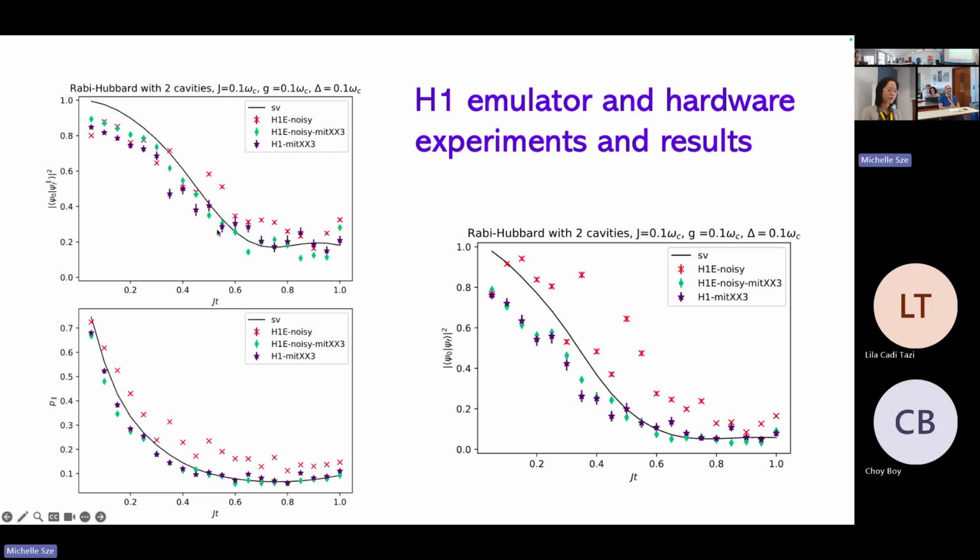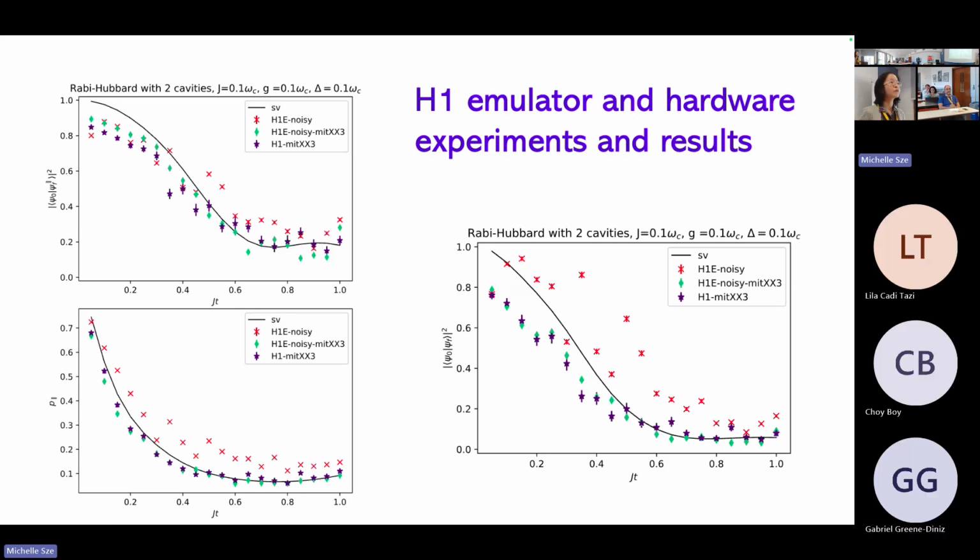What we found out is that the main contributor to that noise is the memory error. You can think of the memory error as the error incurred by idling qubits. Idling qubits are those qubits that are not doing anything while the other qubits are doing something.